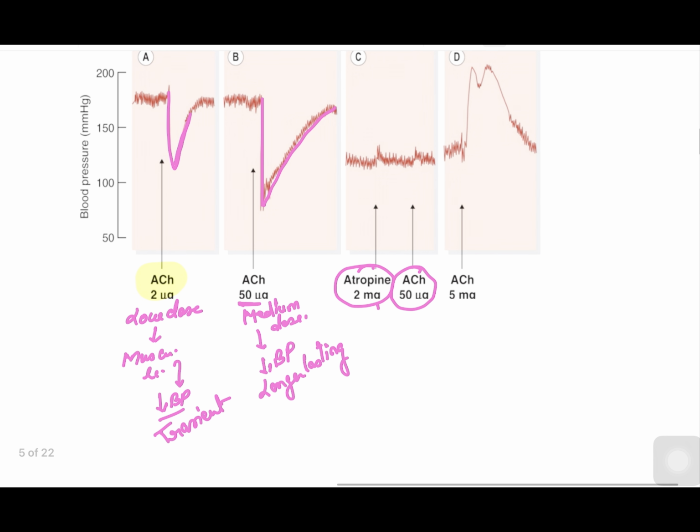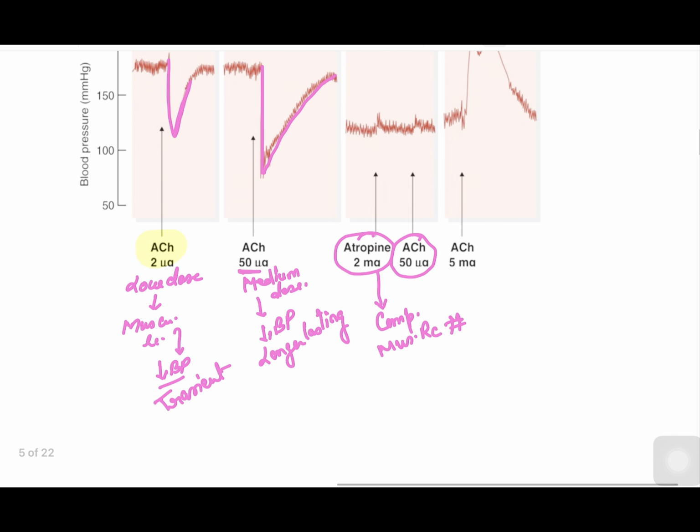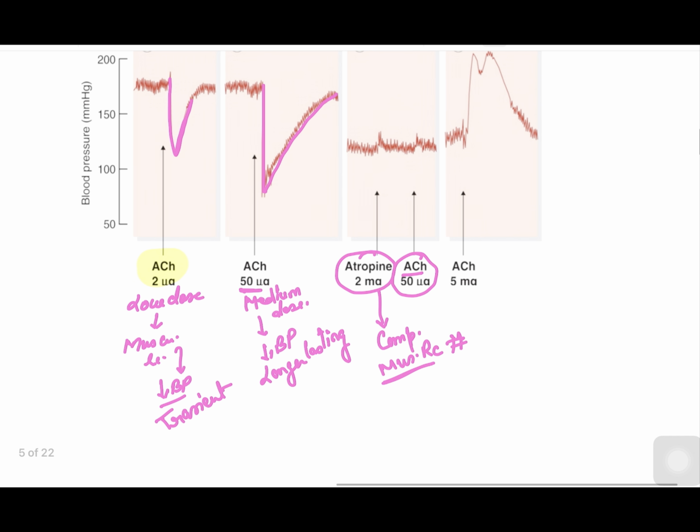In third one, what they have done, they have first given atropine 2 milligram, then they have given acetylcholine. If you know atropine, it is a competitive muscarinic receptor blocker. So it will block all the muscarinic receptors. So whenever we are blocking these, acetylcholine will not be able to work. If acetylcholine is not able to work on the muscarinic receptor, there will be no change.